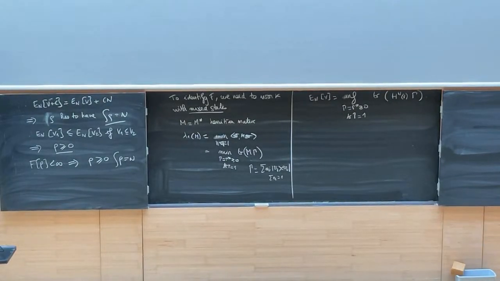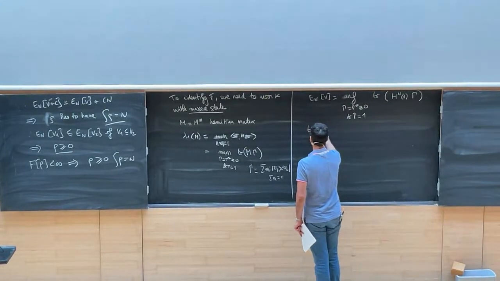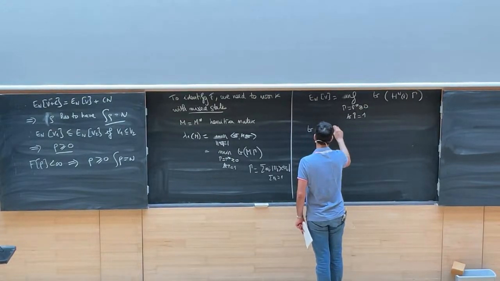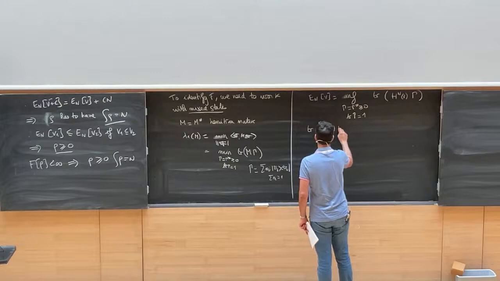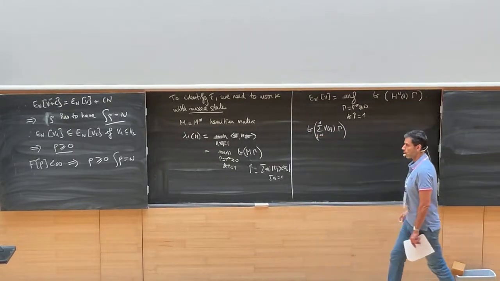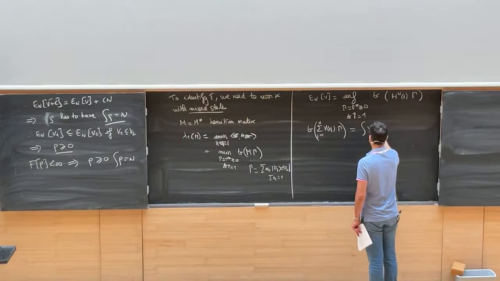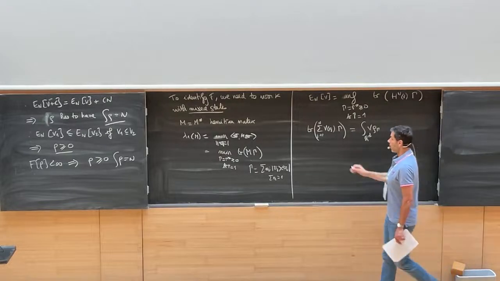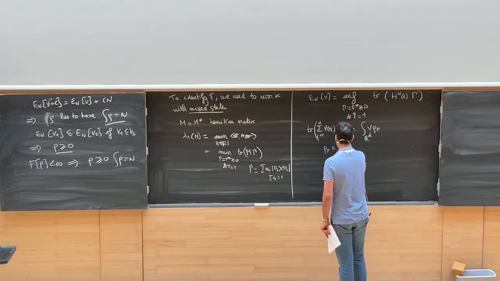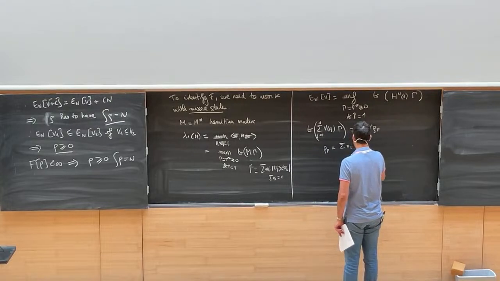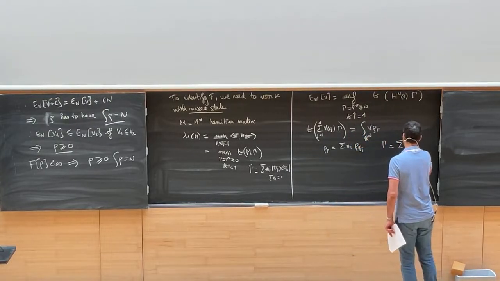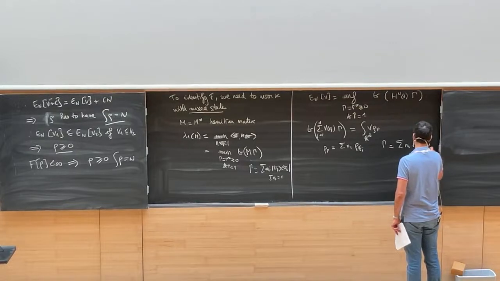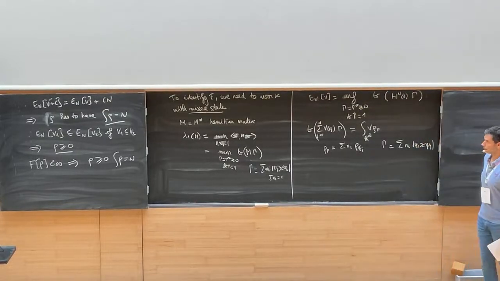And now, we will again pull out the part involving V. So we have to compute the trace of the sum of V of x_j, j equal 1 to N, times gamma. And this is, of course, the integral of V times rho_gamma over R^3, by linearity, where rho_gamma is the sum of n_i times rho of psi_i, if gamma is the sum of n_i projections onto psi_i.